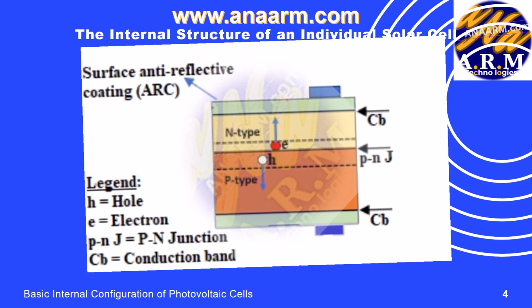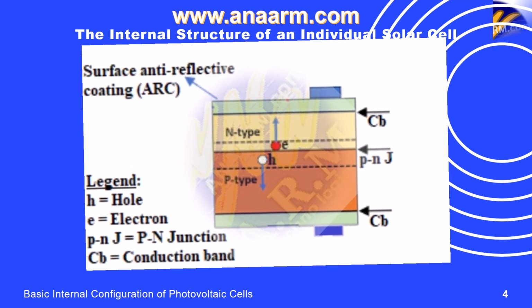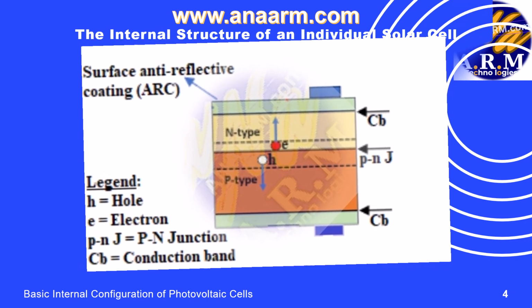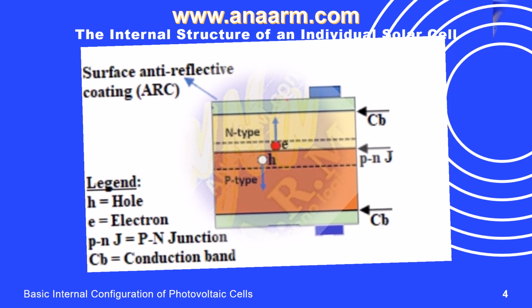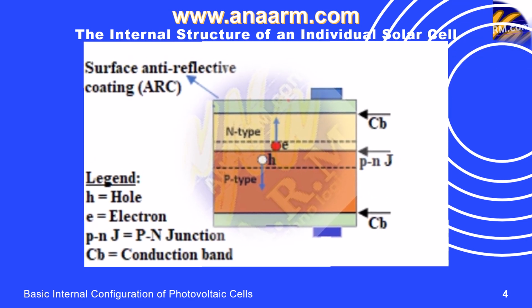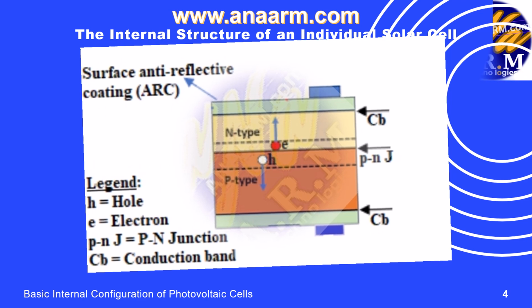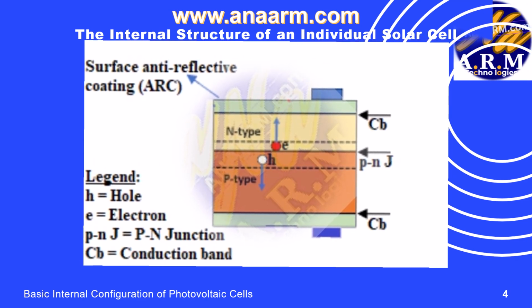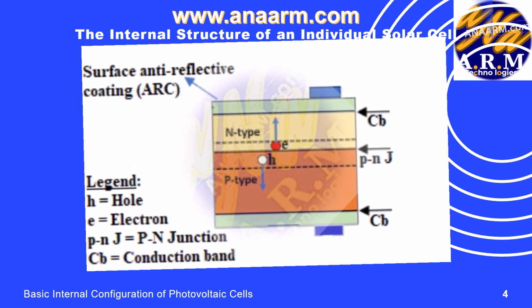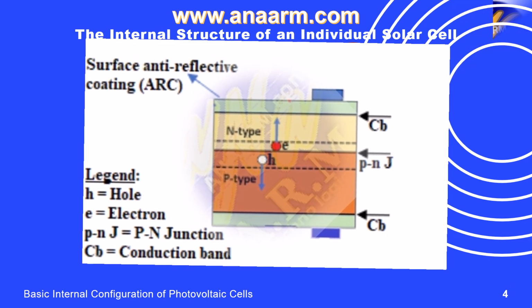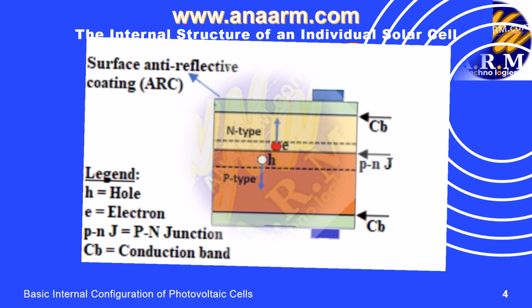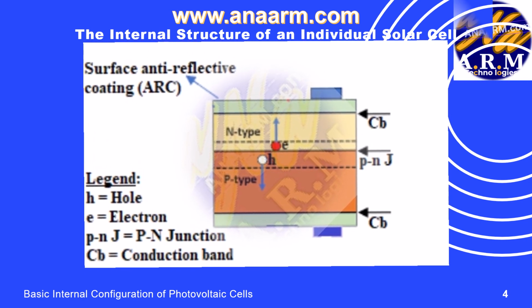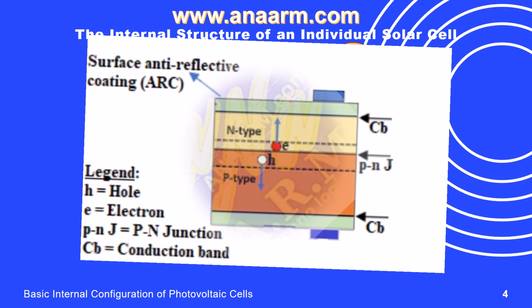They are external connections or wires that are attached to those contacts earlier mentioned so that the solar cell can deliver power to a load. In other words, the terminals are the accessible output points you see on a solar module.